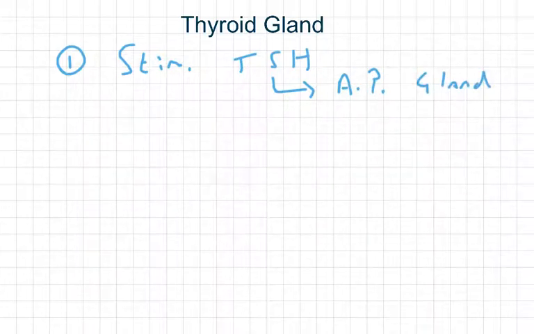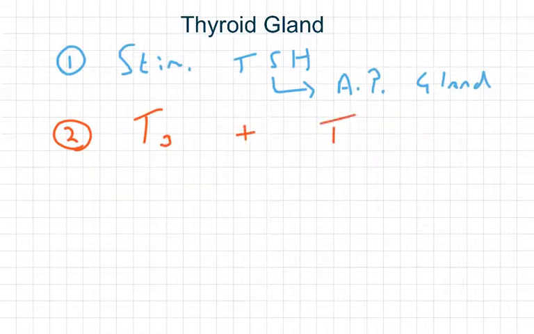And the thyroid gland is responsible for the production of the 2 hormones, T3 and T4. The official name for T3 is triiodothyronine, so let's just call it T3 for short. And also, the proper name for T4 is thyroxine, or T4.